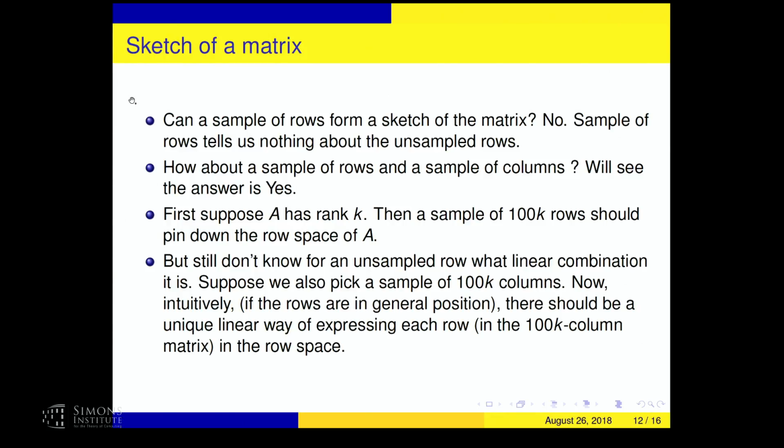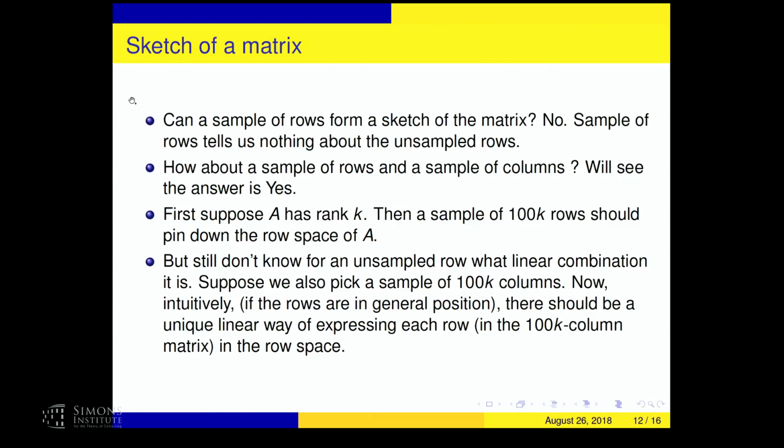Now suppose I pick 100K columns. Intuitively, if the rows are in general position, there should be a unique linear way of expressing each row in terms of the sampled rows. So once I give you rows and columns, you should be able to pin down what happened to the entire matrix.